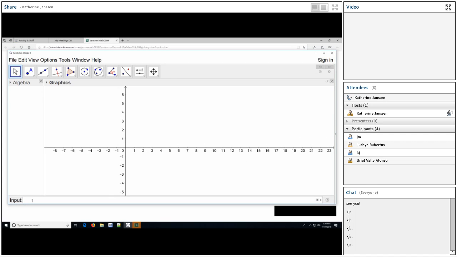So in my input bar, I'm carefully going to type. Remember, we need to transpose to x and y.